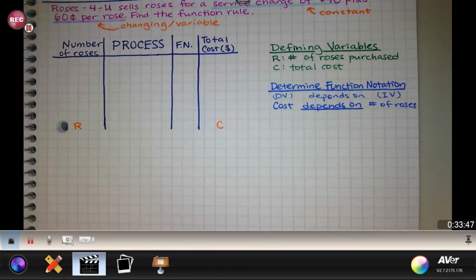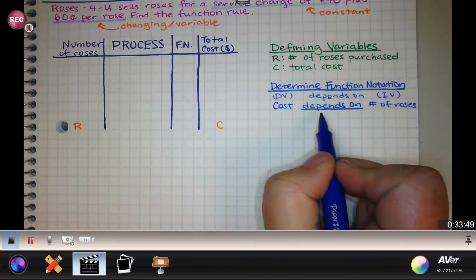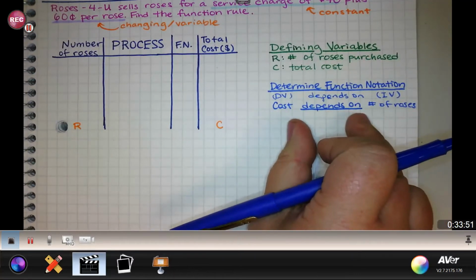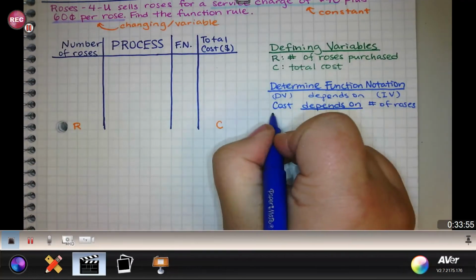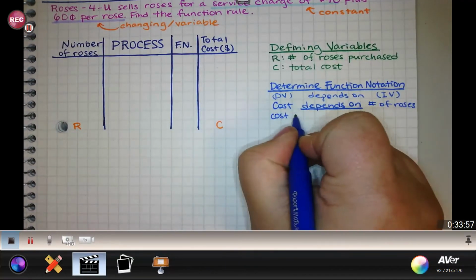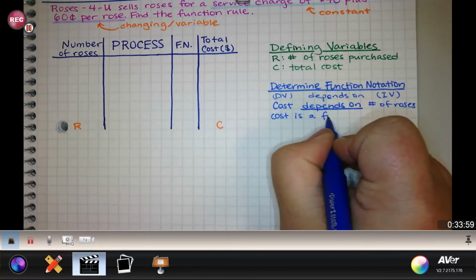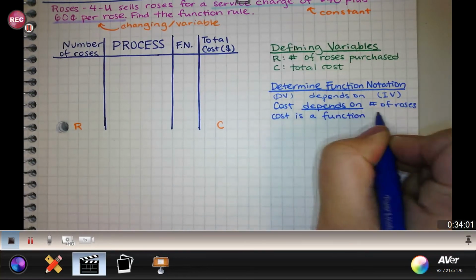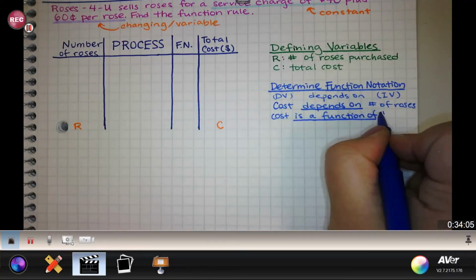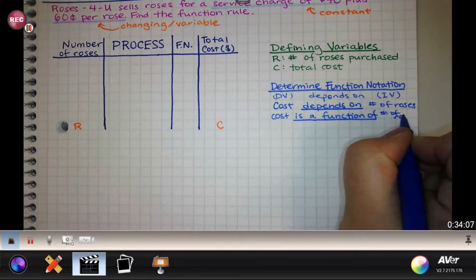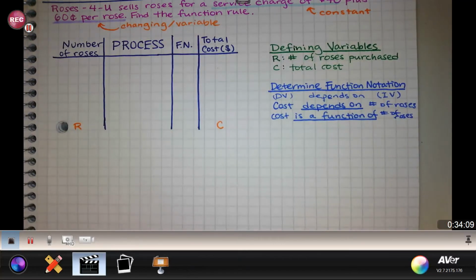Then last time we learned that we can switch out depends on for is a function of, and we just keep everything else the same. So cost is a function of number of roses.